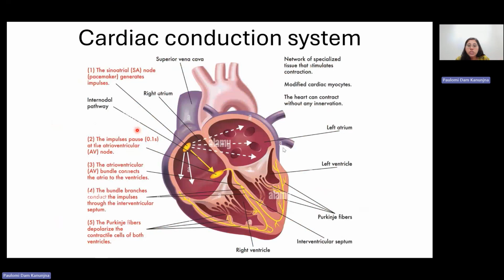The cardiac conduction system is basically a specialized network of cells which generate and conduct electric impulses. Like I have told you in the previous sessions, the idea of an electric impulse is the same: sodium influx, depolarization, potassium efflux, repolarization.